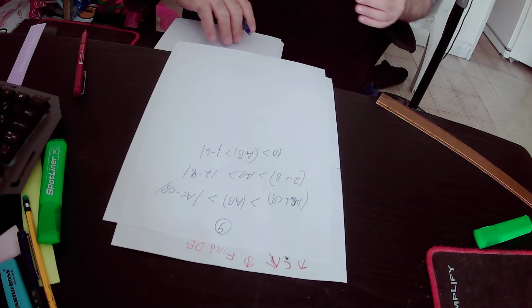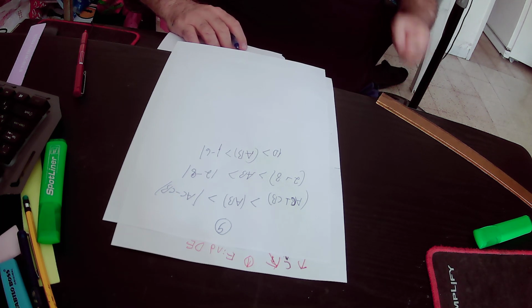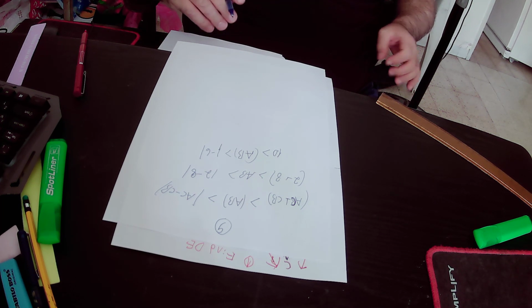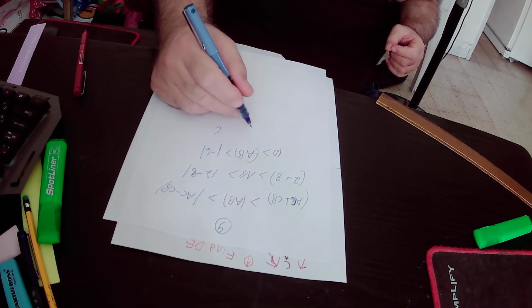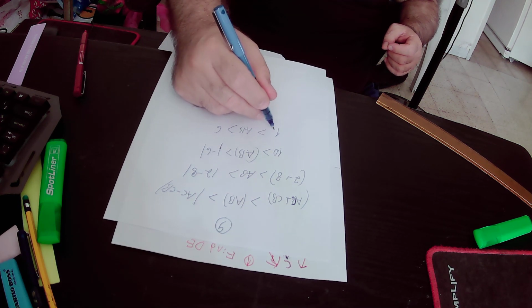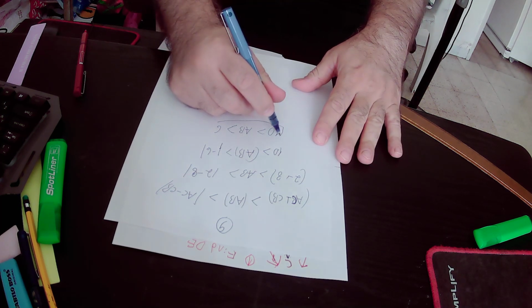Okay? And what is the absolute value of any number? The absolute value of any number is the distance of the number from 0. So the distance of minus 6 from 0 is 6 units. Therefore, the absolute value of minus 6 is 6. So AB will be greater than 6 for one side, but it will be smaller than 10. So we have the inequality that states that AB is bigger than 6 and smaller than 10.